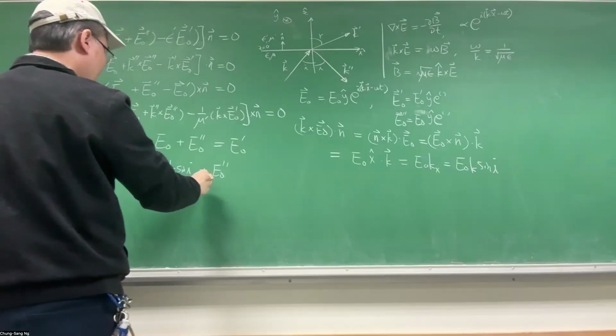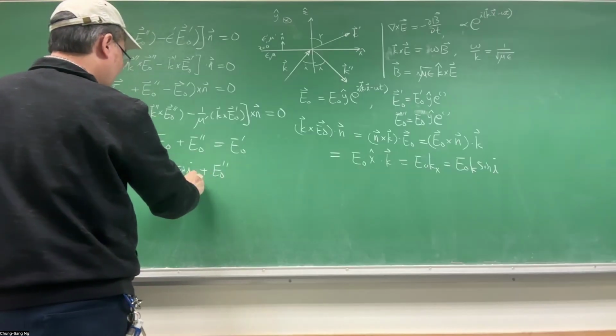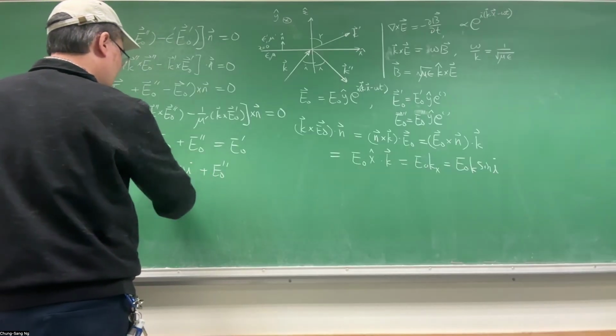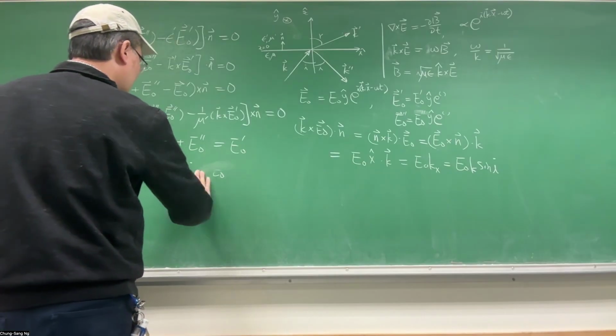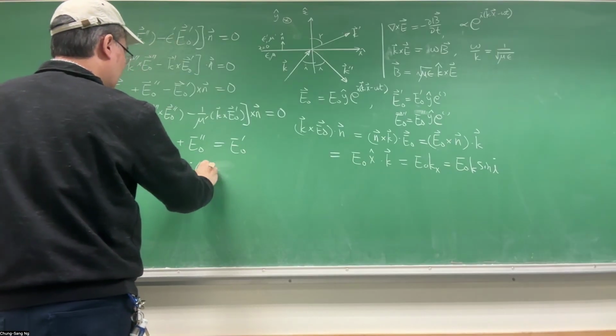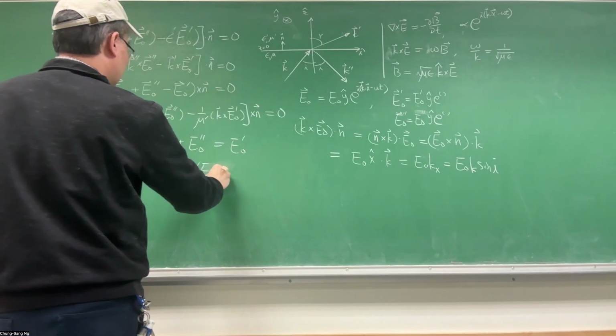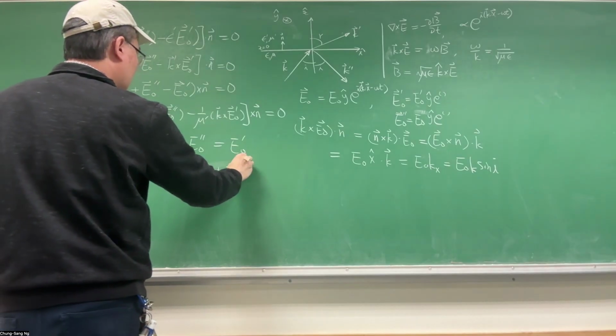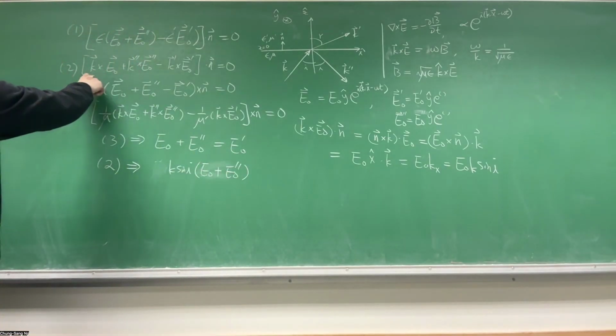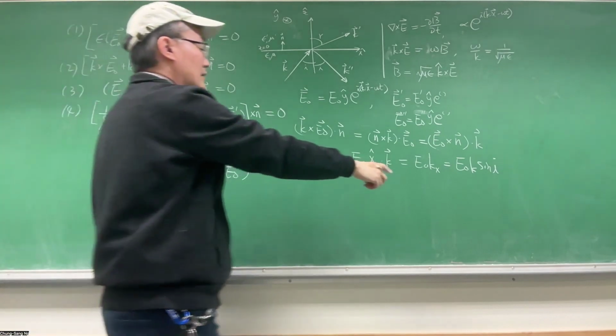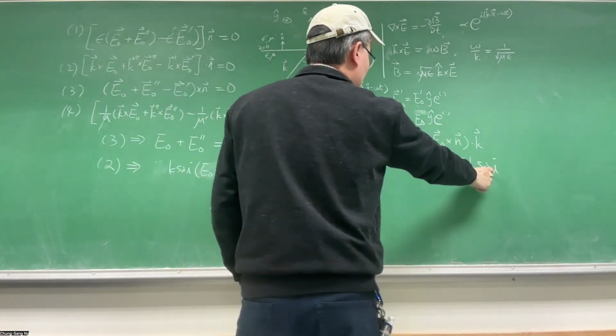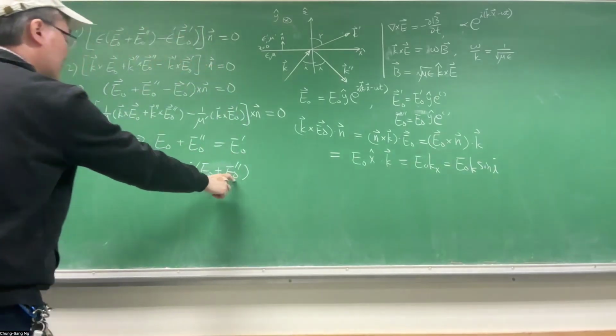So actually, they both have a k sine i, so you might as well pull it out: E0 plus E0 double prime. Because they both have the same x component, which is sine, except the magnitude is different.